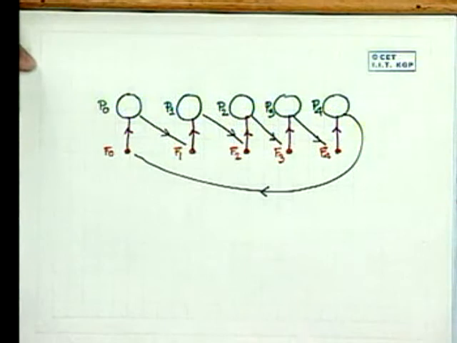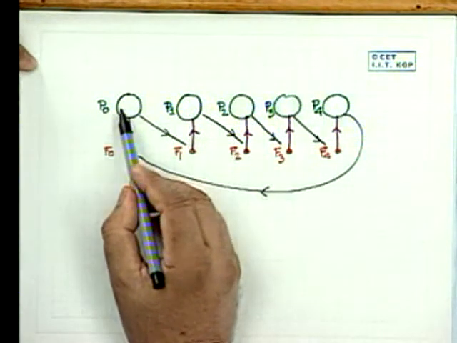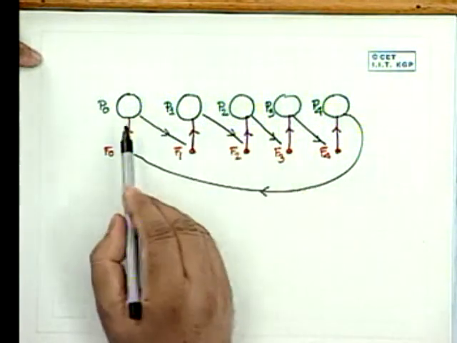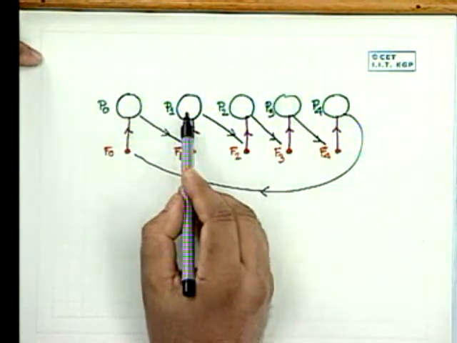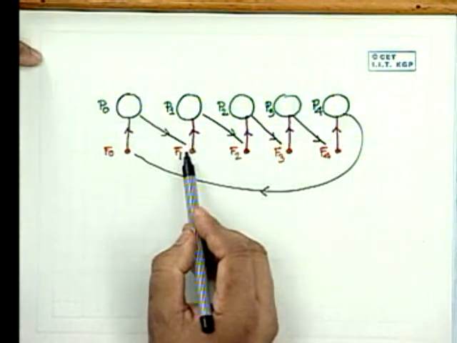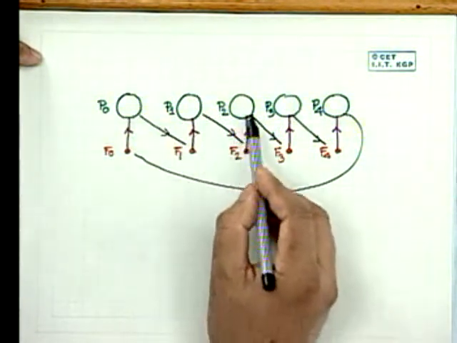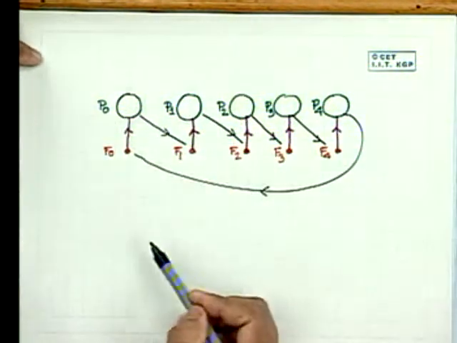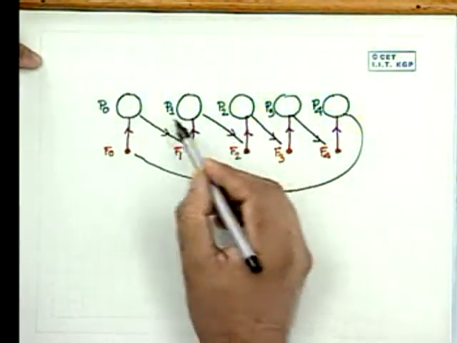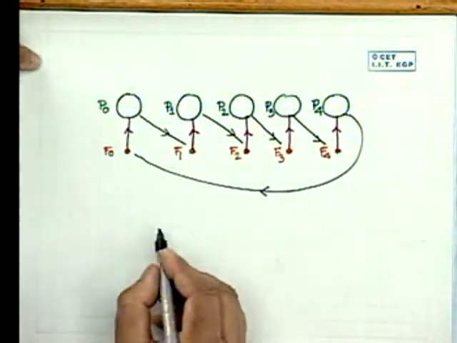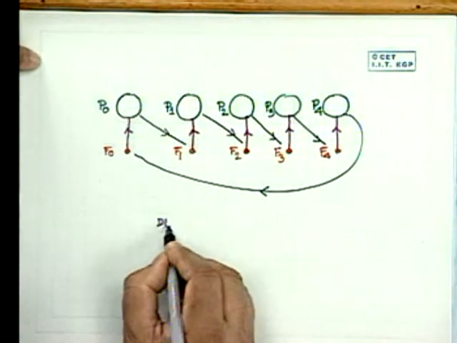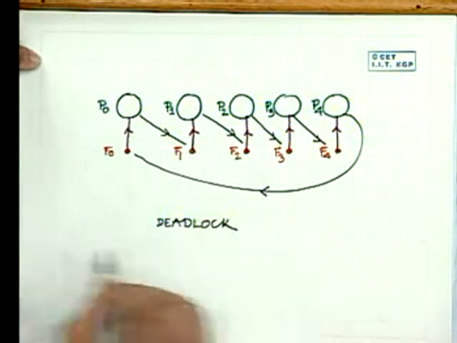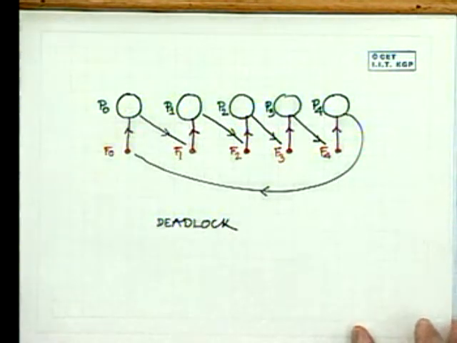Immediately you see all the processes P0 to P4 will be waiting for another process to release a fork, to release a resource, and they will be waiting in a circular manner. This is the situation which may give rise to deadlock.